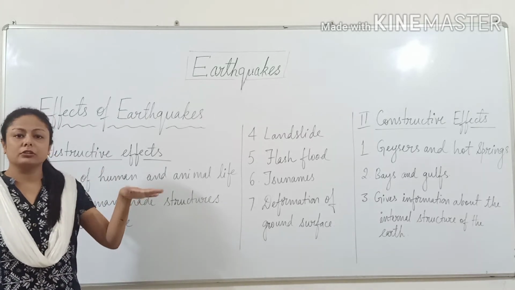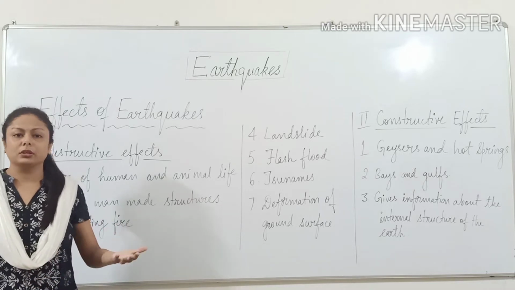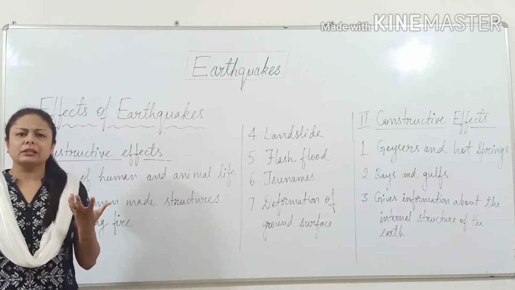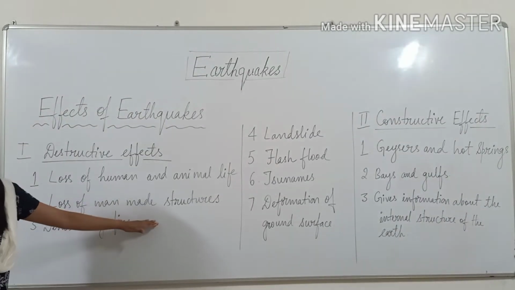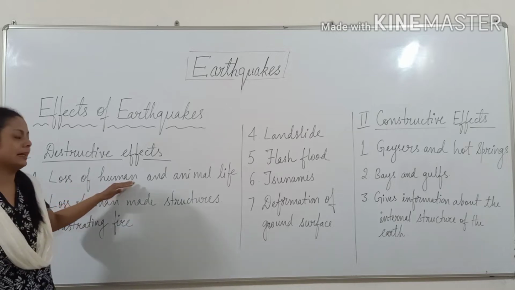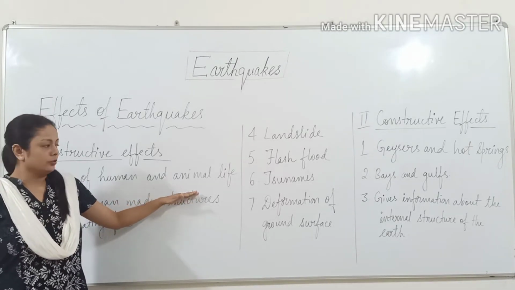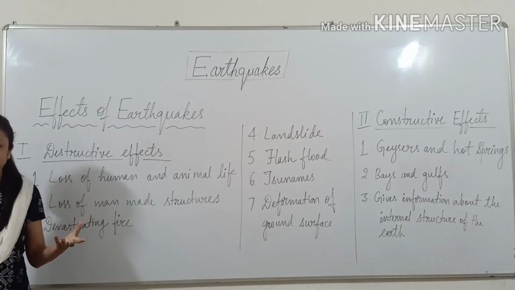Maybe they are moving on the road and there is an overbridge which breaks due to the earthquake and falls over them. Because of the destruction of the man-made structures, there is also loss of life of humans as well as animals. This is said to be a disaster.